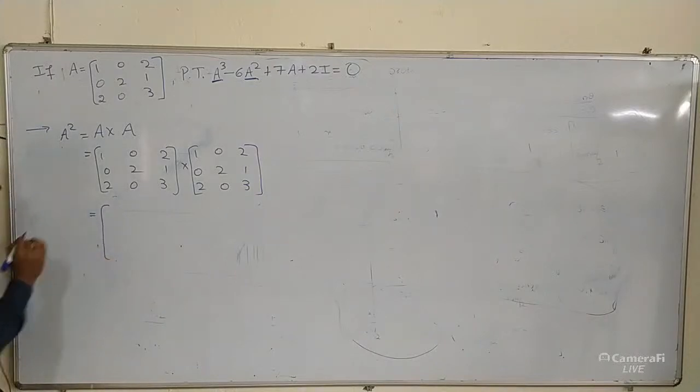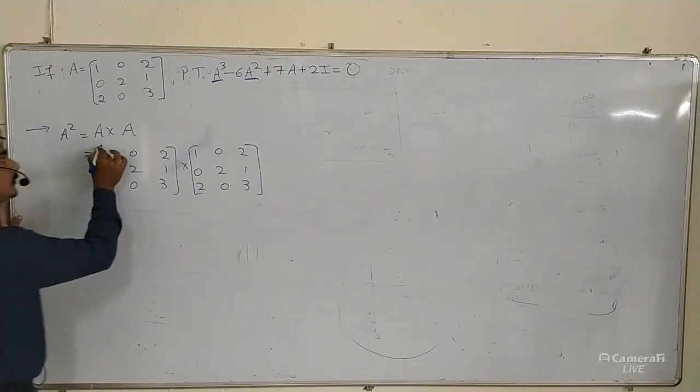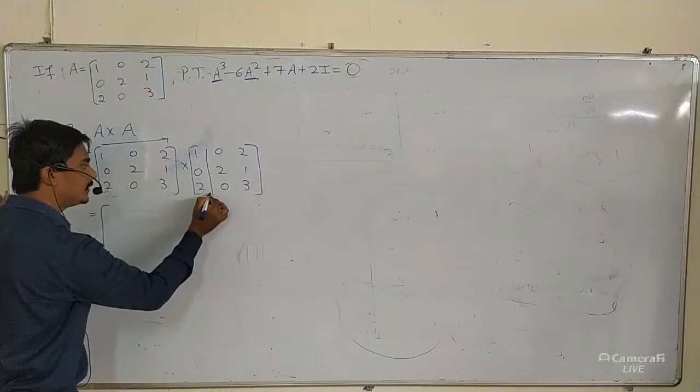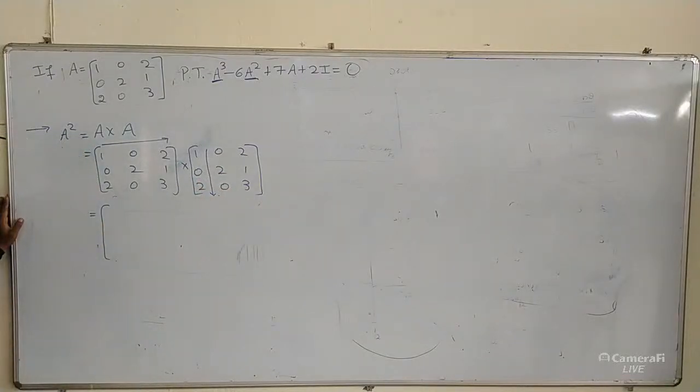Let us multiply these two matrices by using the row column multiplication concept. Many students commit mistakes here. They multiply corresponding elements and write down the resultant matrix. It is not like that. When you multiply matrices, use row column multiplication.